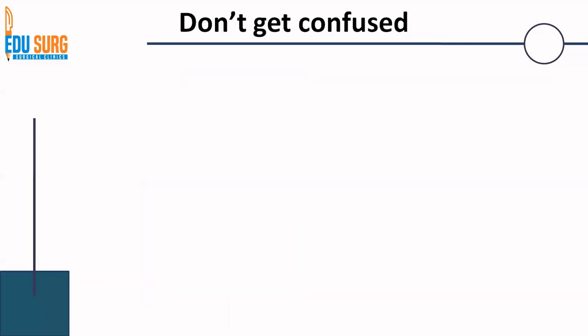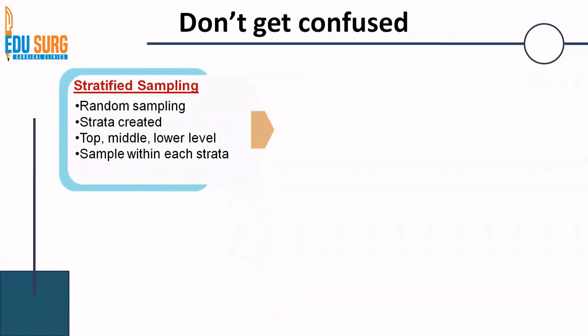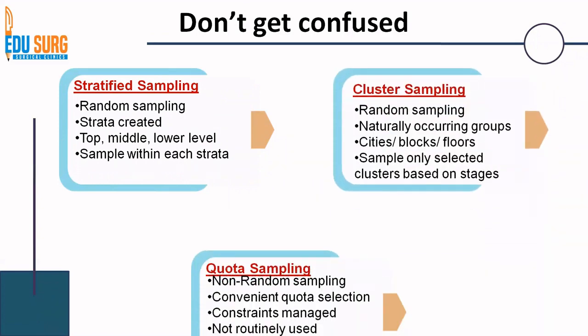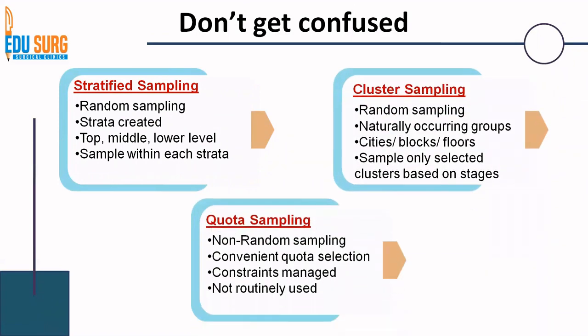Now, I know there is a lot of confusion between these three types, that is stratified sampling, cluster sampling, and quota sampling. So in this single slide, you can see the differences between the three so that you don't get confused. We have already seen that quota sampling is a non-random sampling where you can have controlled or uncontrolled quota selection, but this is not a routinely used method as it is a non-probability sampling.